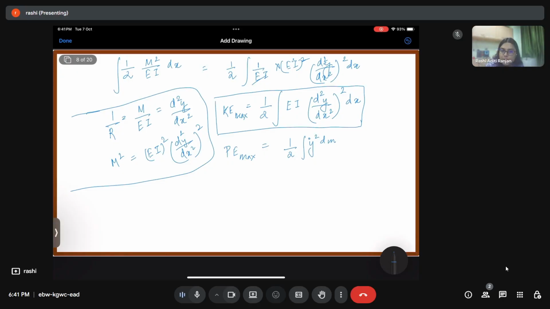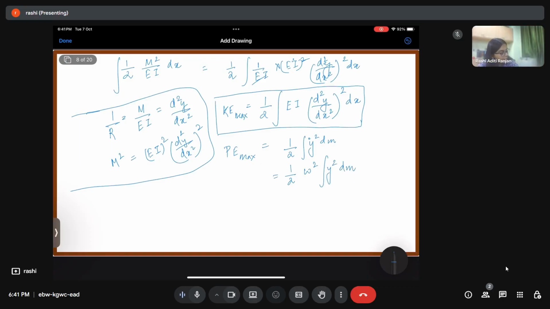We are doing y dot square into dm because we are taking a very small part of the mass, which is dm, and then we have to integrate it. Now we can write y dot as omega into y. So it will give us half omega square y square dm, right?